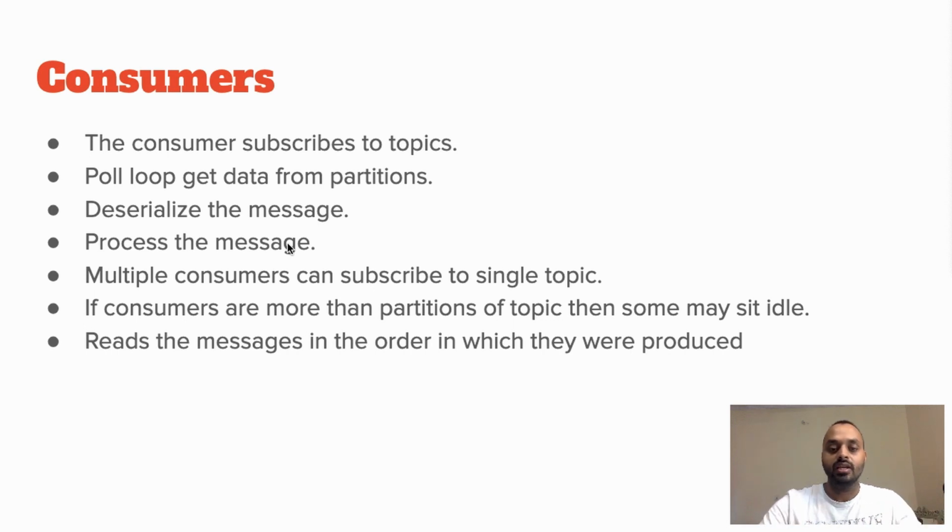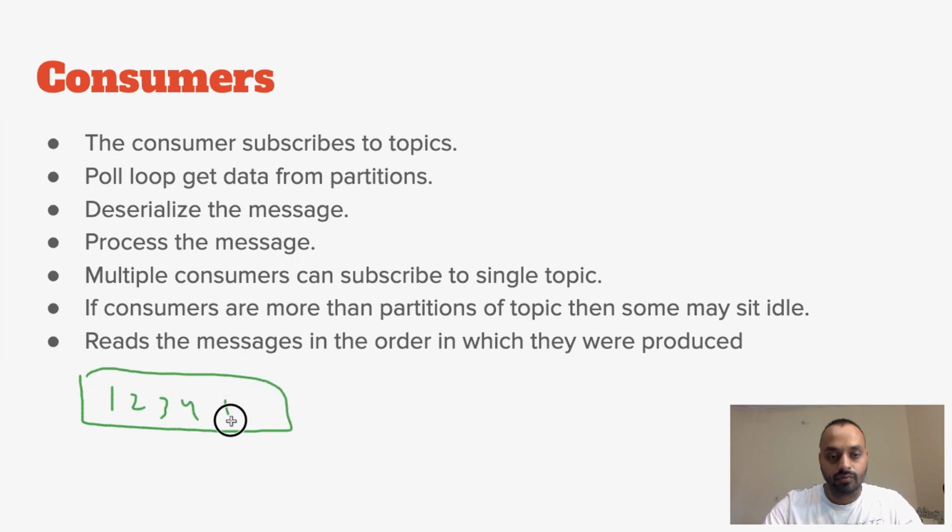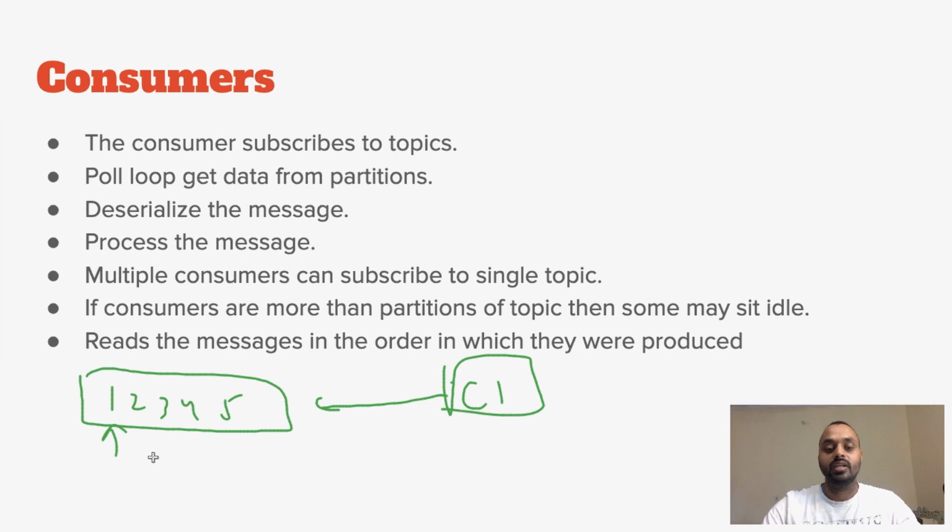As we have seen in the last video, a consumer reads from a partition, and it will read messages in series from that partition. Let's say we have a partition with messages 1 2 3 4 5, and consumer C1 just came up.